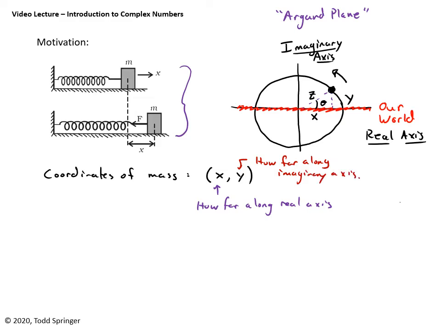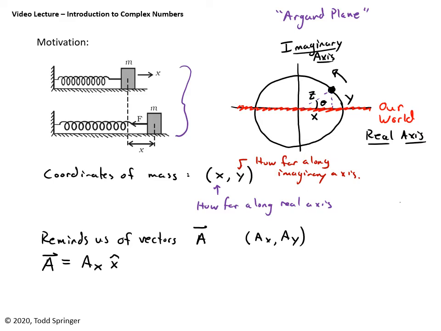Okay. This should remind you of vectors. So if I have a vector A, we know it has components ax and ay, and that tells me how far I go along the x-axis and how far I go along the y-axis. So one way to represent a vector is like this. A is ax, that's the component, times a unit vector in the x direction, plus ay times a unit vector in the y direction.